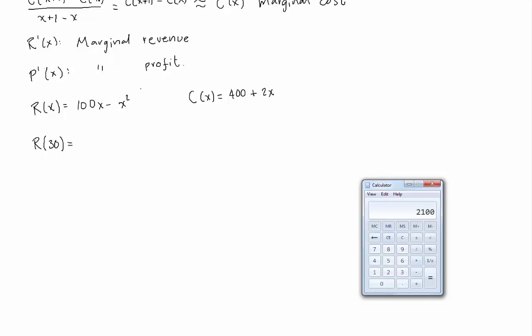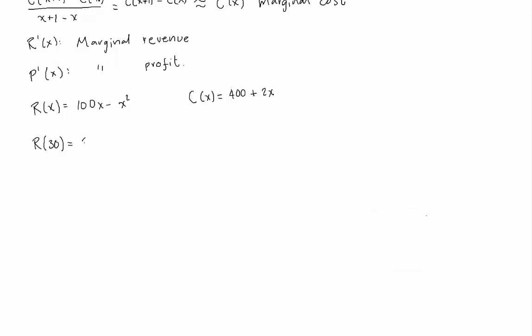And what do we get? We get $2,100. Okay, so if you want to find the cost when you produce 30 units, you would have 400 plus 60, so it would be $460.